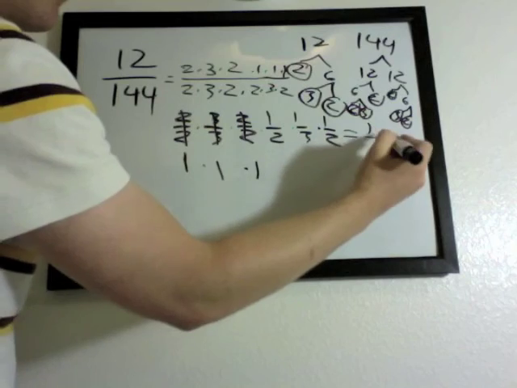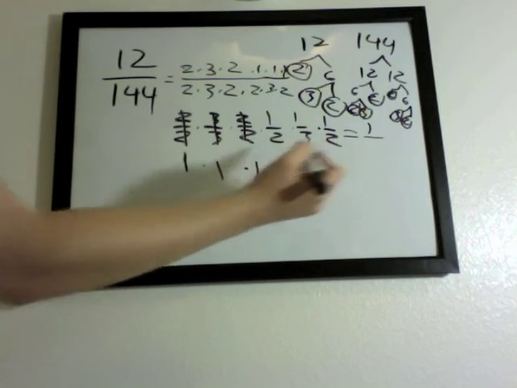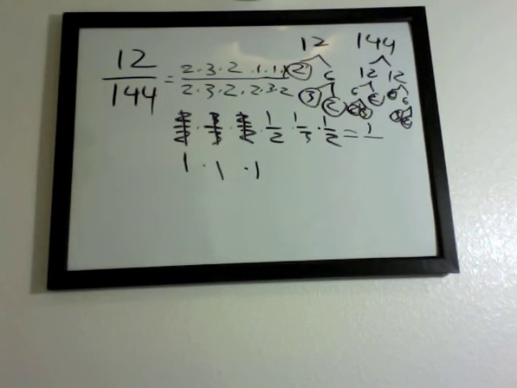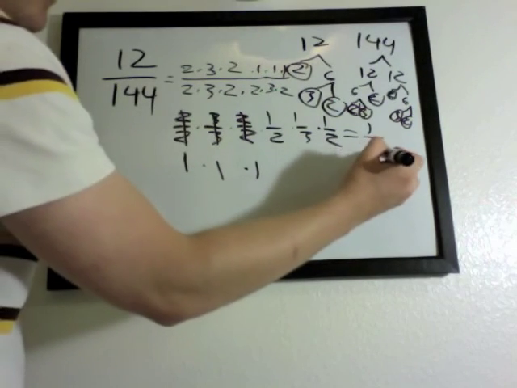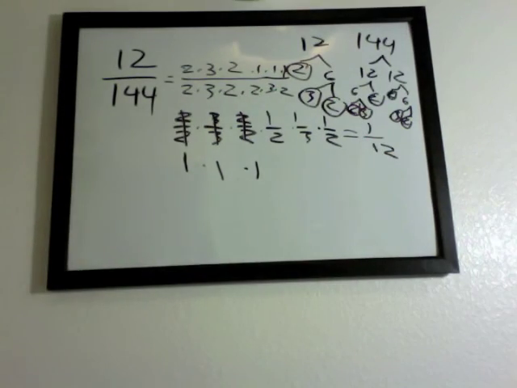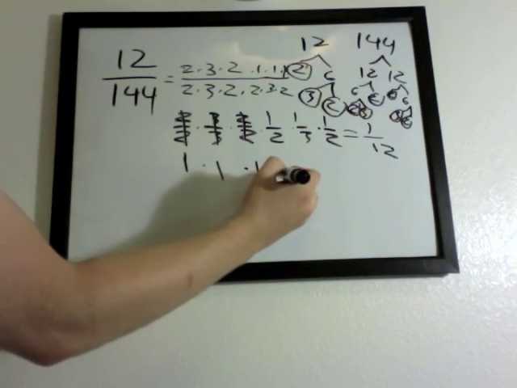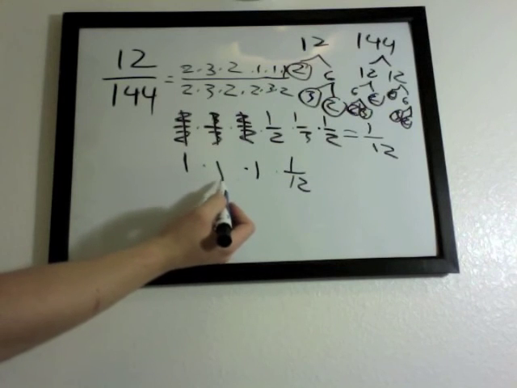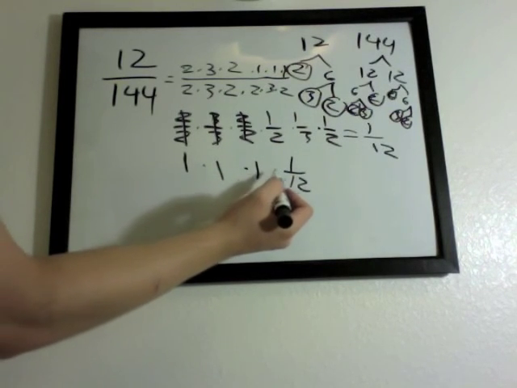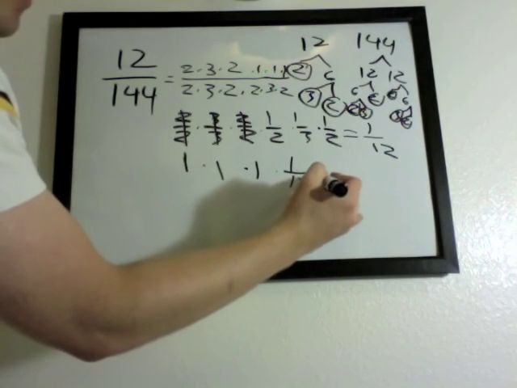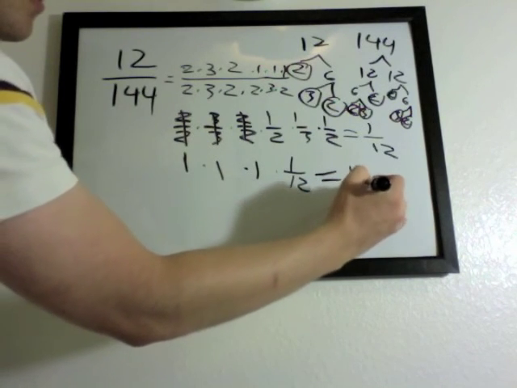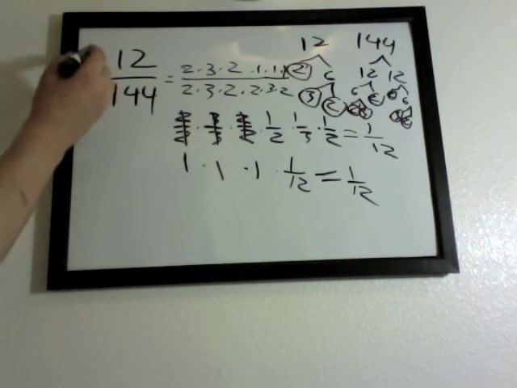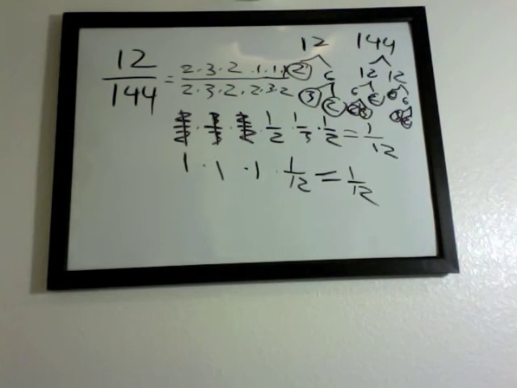So you get 1 times 1 times 1 is 1, and 2 times 3 times 2 is 12. So we know this reduces to 1/12.